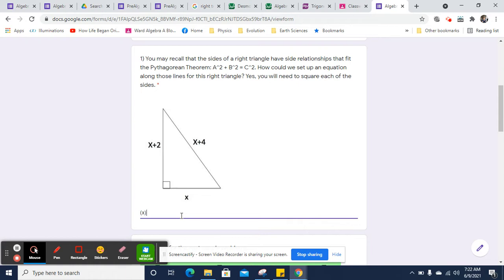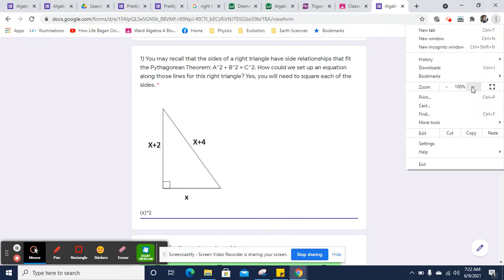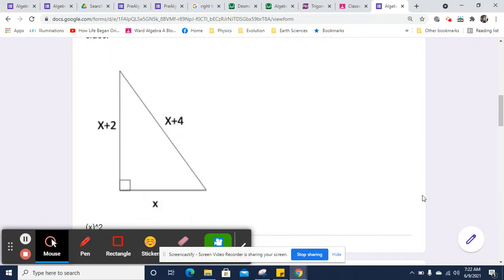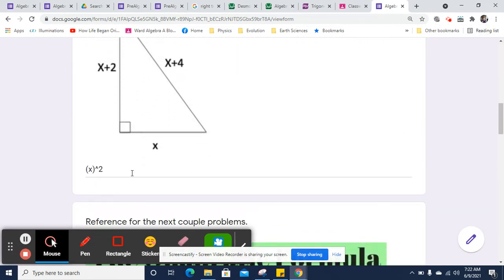So there's going to be x squared. Let me actually back up. There's the a squared plus b squared equals c squared Pythagorean Theorem formula.